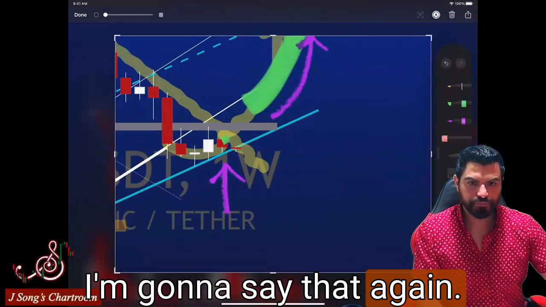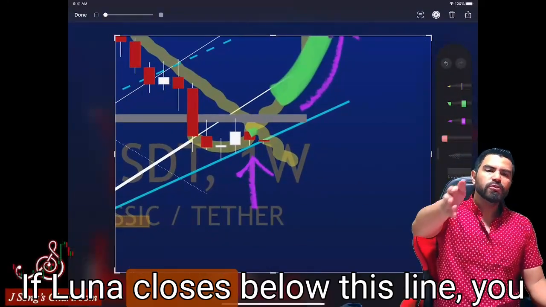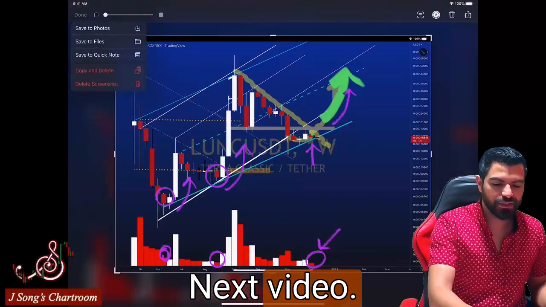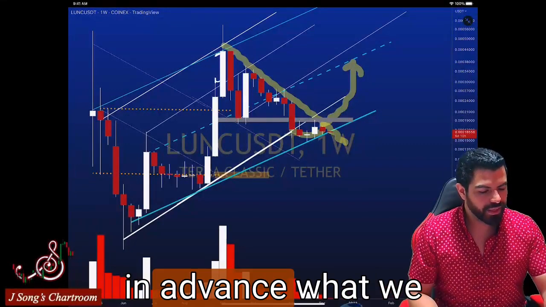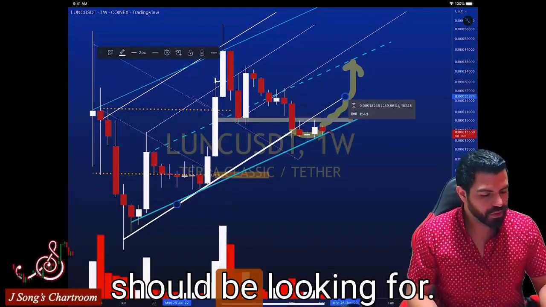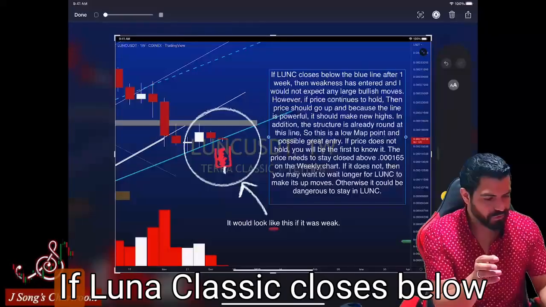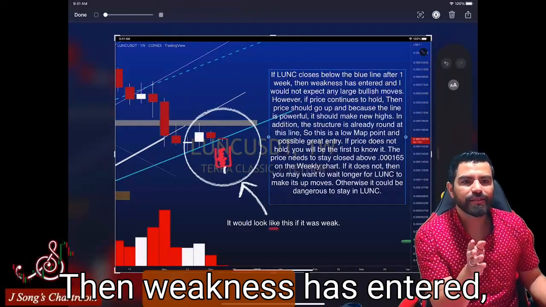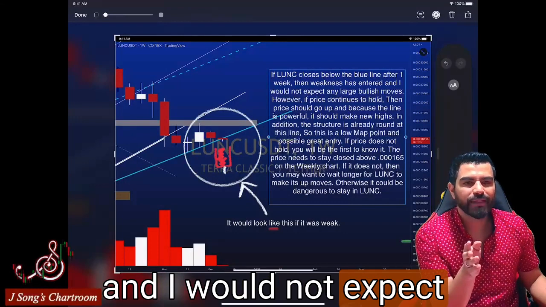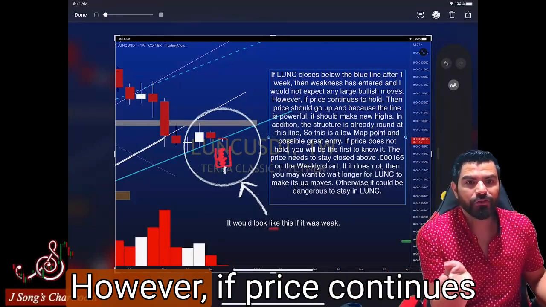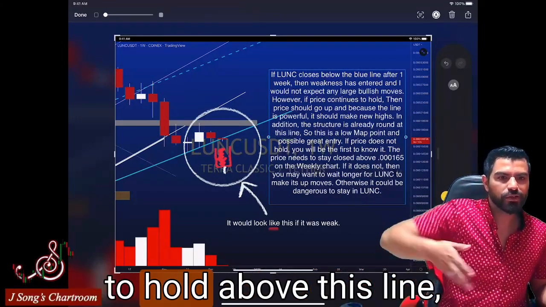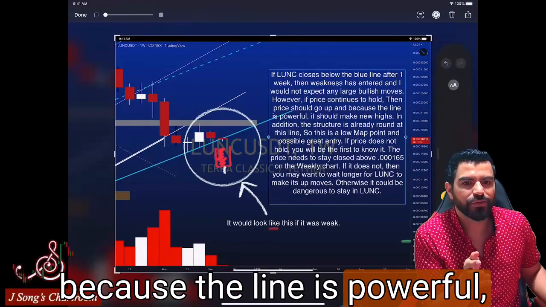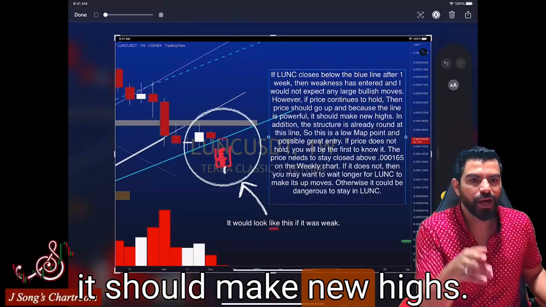If Luna Classic closes below the blue line after one week, then weakness has entered, and I would not expect any large bullish moves. However, if price continues to hold above this line, then price should go up because the line is powerful. It should make new highs.